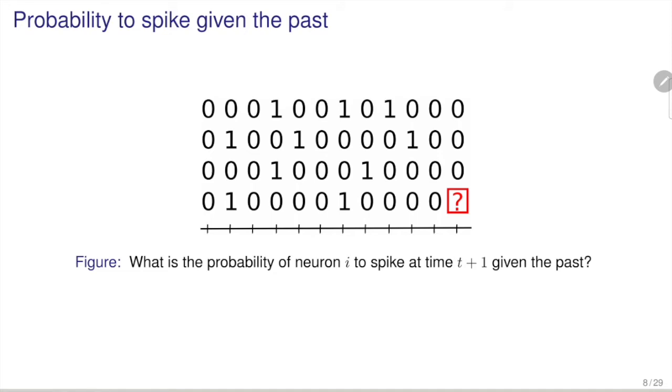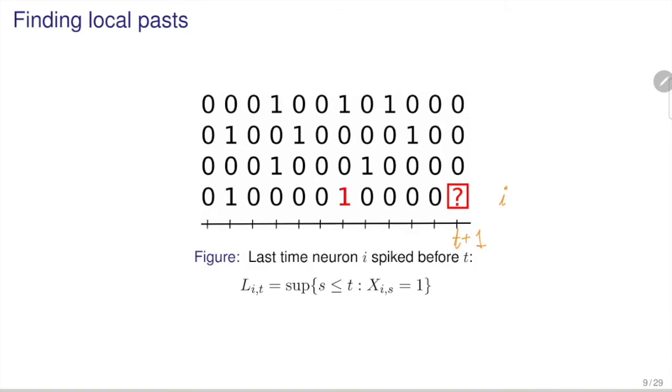To illustrate these definitions, let us consider an example. Suppose I have neuron i here at time t+1, and suppose we want to compute the probability of neuron i to spike at time t+1 given the past. To do so, the first thing we need to do is to compute the last time neuron i spiked before time t, which is here in this case. Okay?